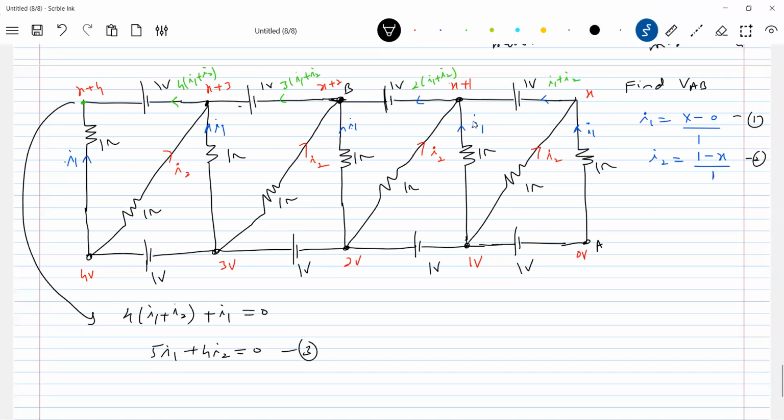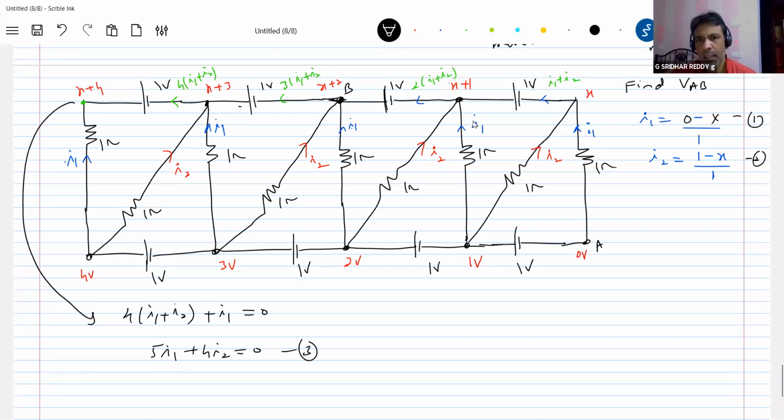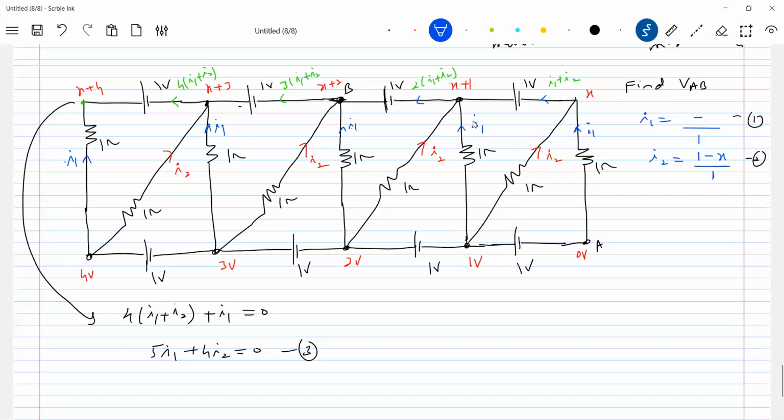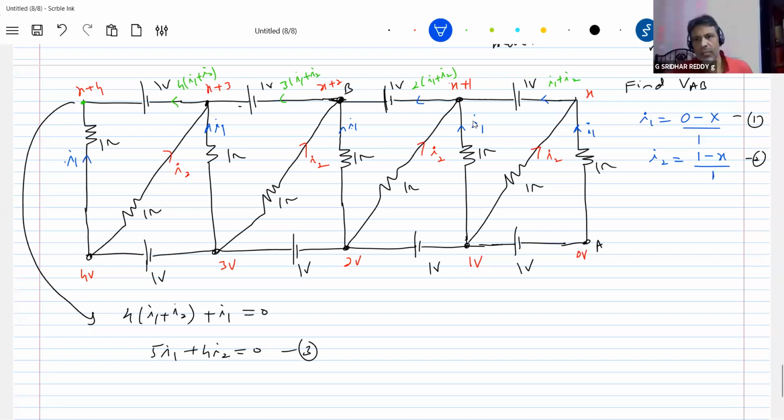I made changes: I1 should be 0 minus X by 1, and I2 should be 1 minus X by 1. Fine? Yes, sir. Okay, solving 1, 2, 3.